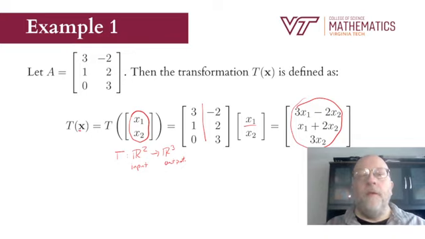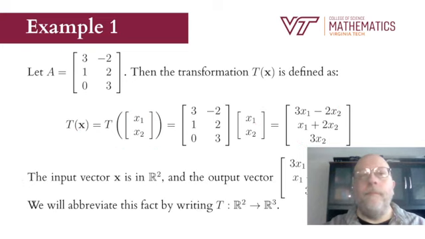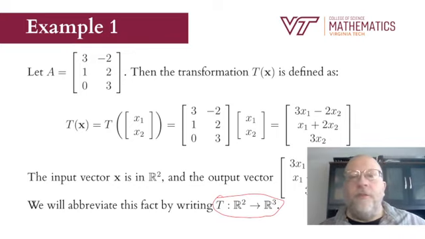And so this is a transformation from R2 to R3. That's what it says on this slide. The input vector is in R2, the output vector is in R3. We abbreviate this by writing that the transformation converts vectors in R2 to vectors in R3.